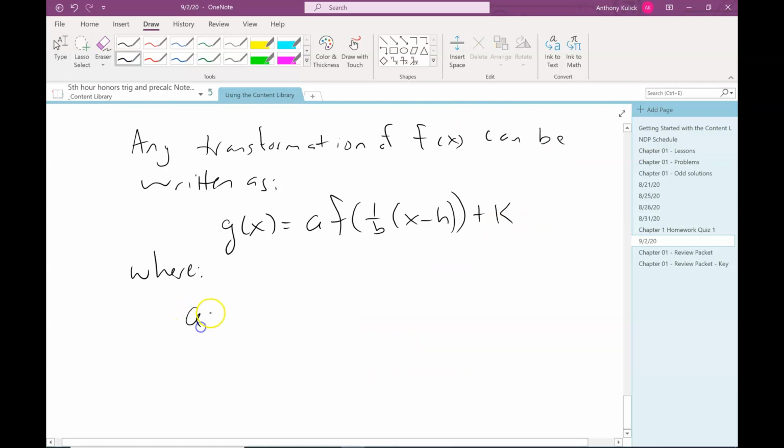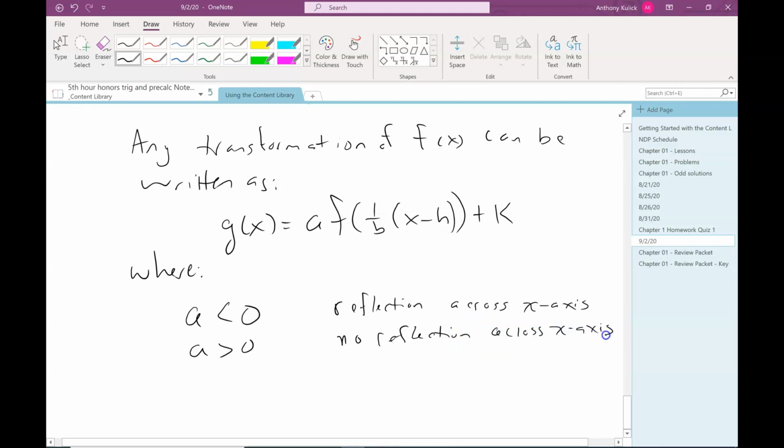Okay, so a does two things. Let's start with a is negative. We have a reflection across the x-axis. If a is positive, we have no reflection across the x-axis. And a can't equal 0 because if it's 0, we don't really have a transformation of f of x. You just have a horizontal line, which is not really what we're interested in.